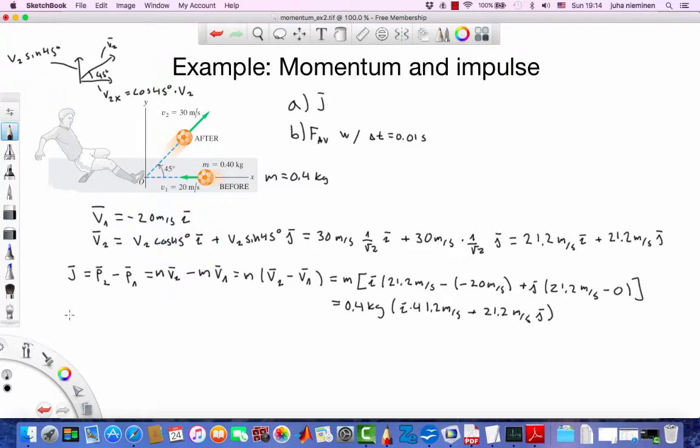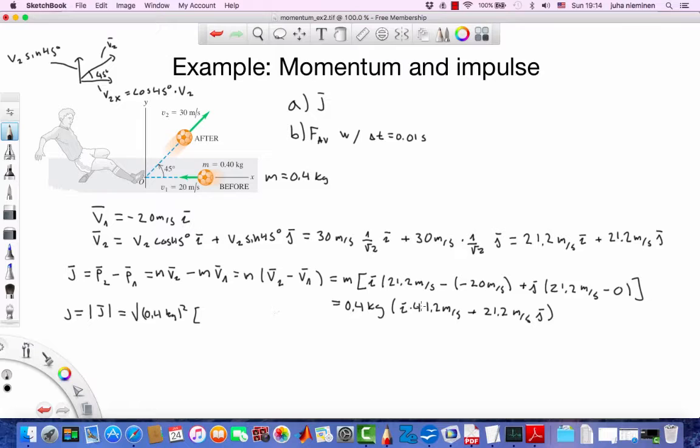And we can now evaluate the magnitude. So basically just using Pythagorean theorem, because it's a vector, so both components to the second power, and they also have this mass in front of them both, so that's going to be also there, common for them both.